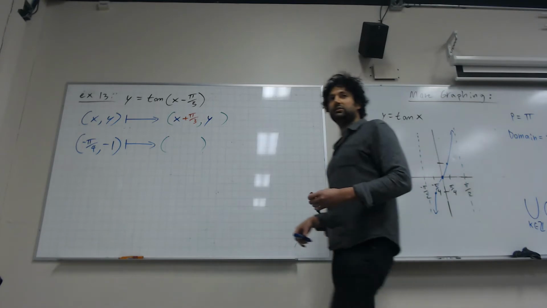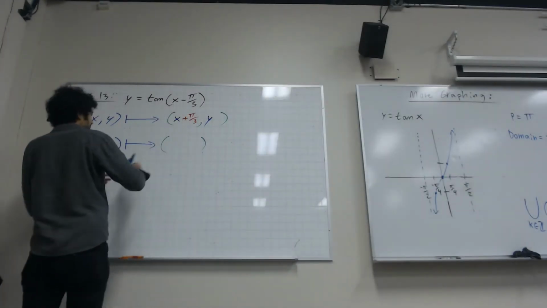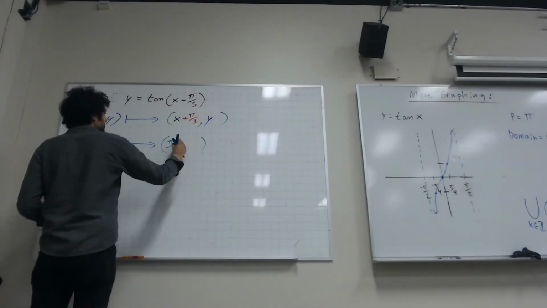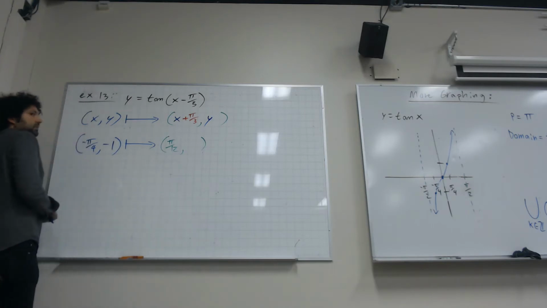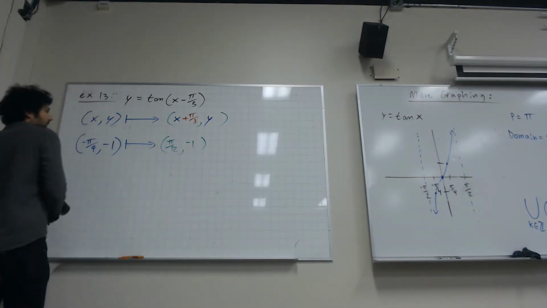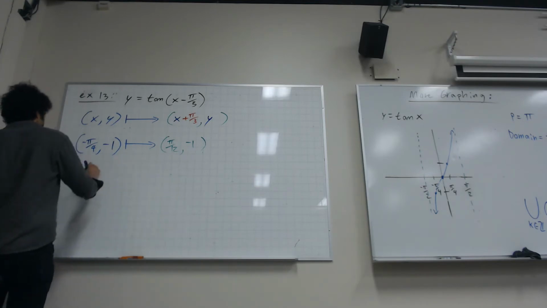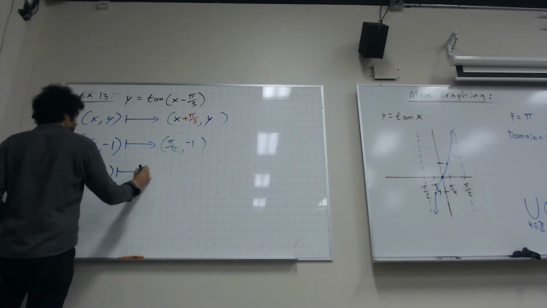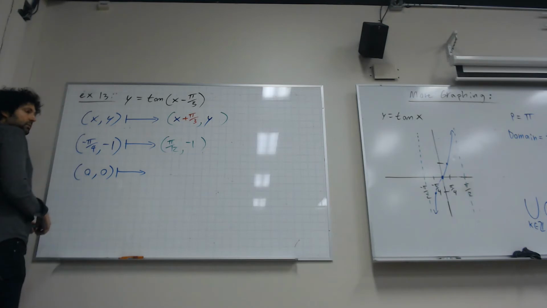A third minus a quarter is a twelfth. Comma, which is negative 1. Okay, what's the next point? 0, 0. That's a nice one to work with. It's going to happen at pi over 3, 0.